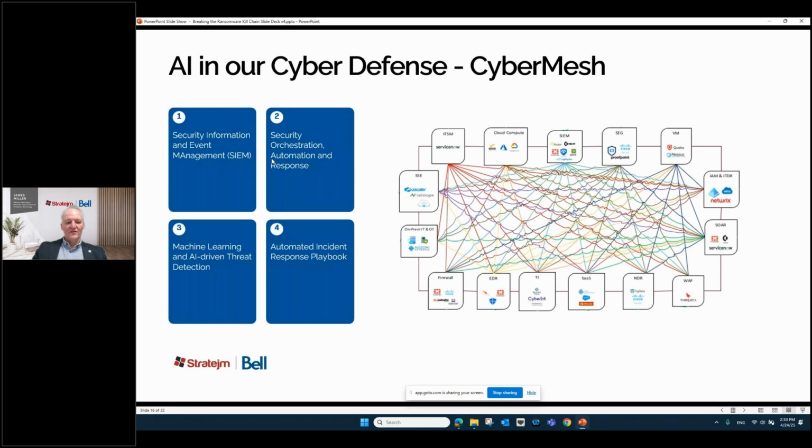And then we have AI-driven detection working on top of everything that we've built in the mesh, so that AI is highlighting anything on the network faster than ever through that threat intelligence and vulnerability management. And then the automated incident playbook is that key ingredient that catches the threat and contains it before human eyes can even see it.